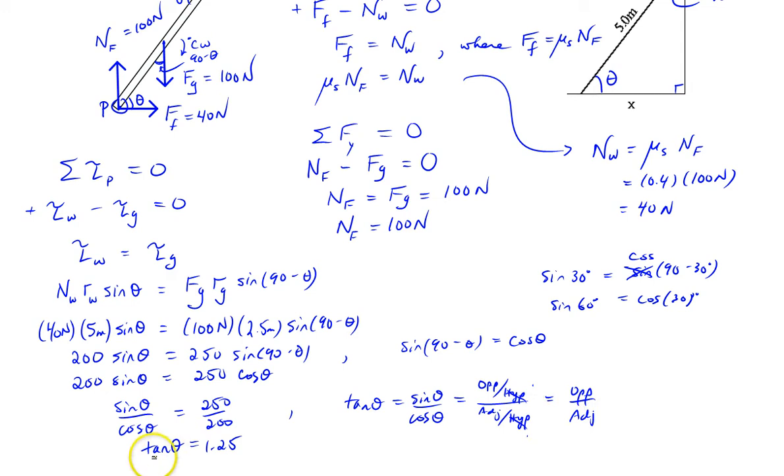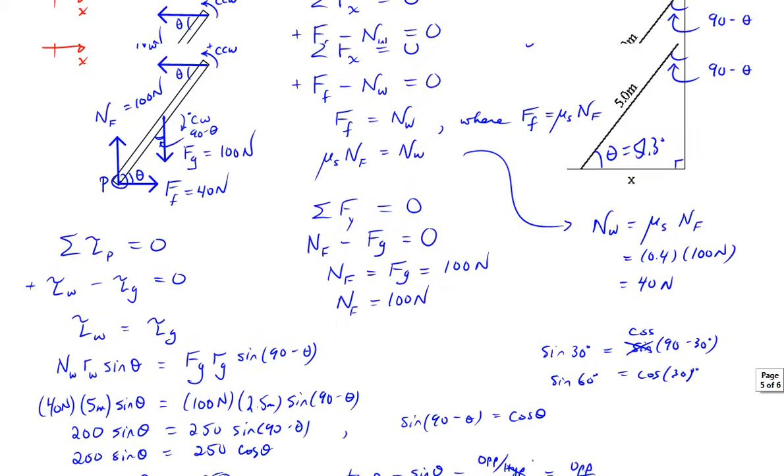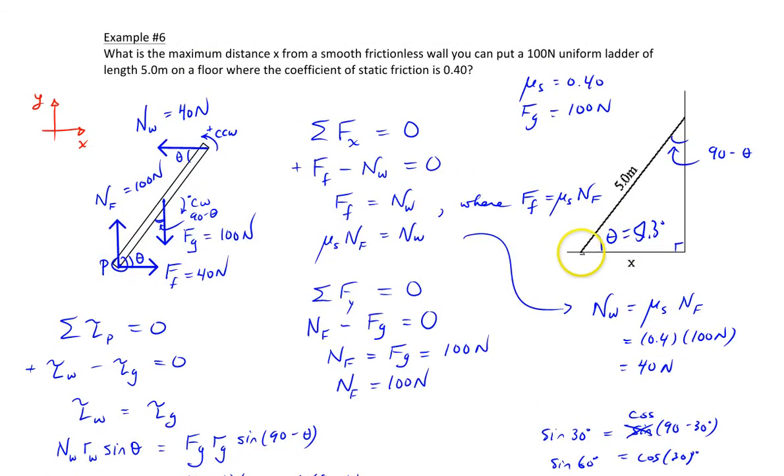Now that you know tan theta equals 1.25, you can find theta by doing the arctan of 1.25, and that gets you an angle of 51.3 degrees. That's important because now you know the angle up here in this triangle is 51.3 degrees, and you just need to find this x distance.